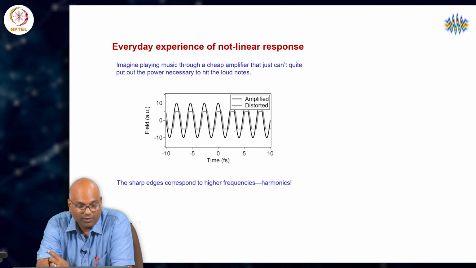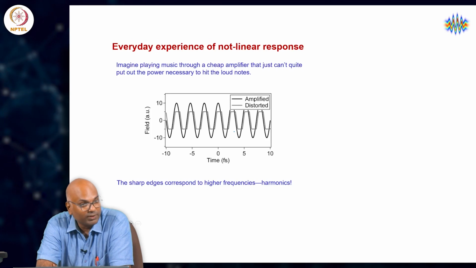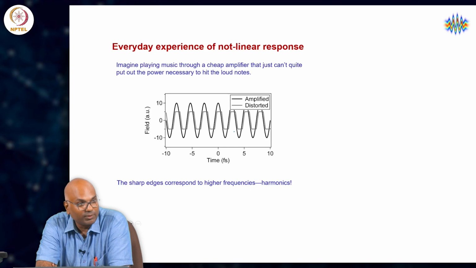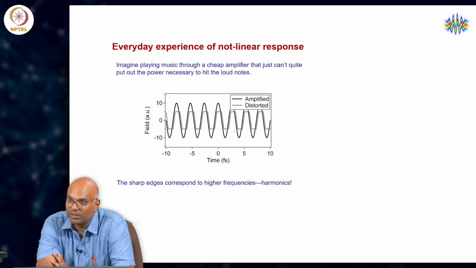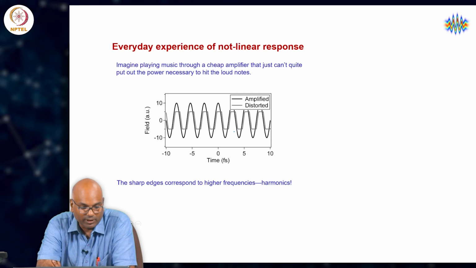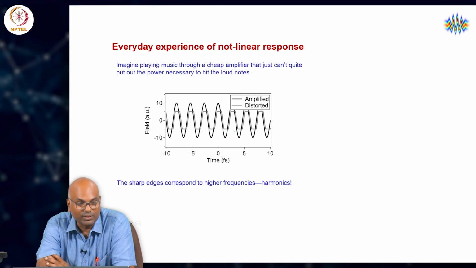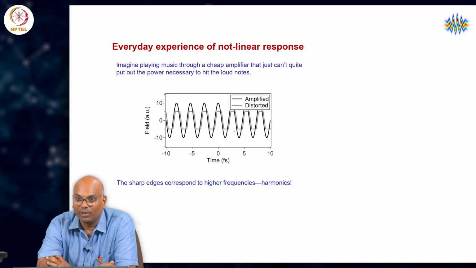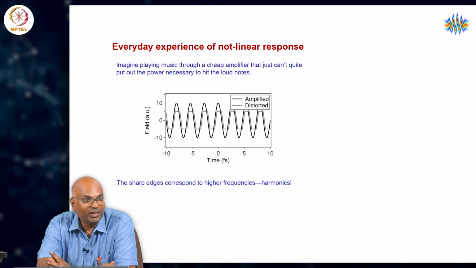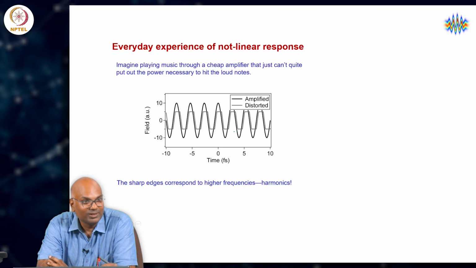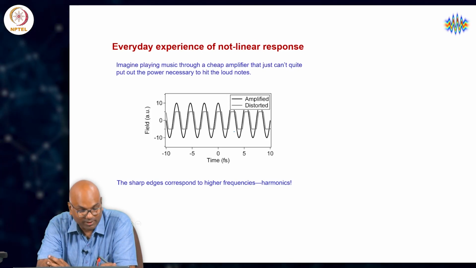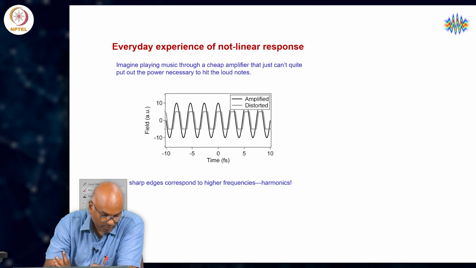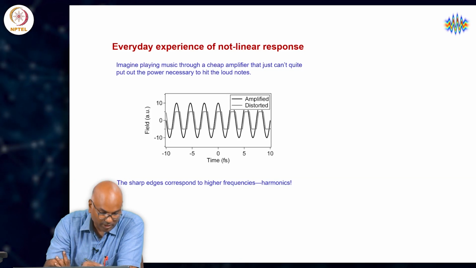Okay. So if you play music through a cheap amplifier, such as an old age FM radio as compared to our cell phones, which seem to have pretty good amplifiers, that's one scenario. Or why you would spend an exorbitant amount of money to buy a very high quality pair of headphones, right? That's because that has a great amplifier where these distortions do not take place, or they are minimal.